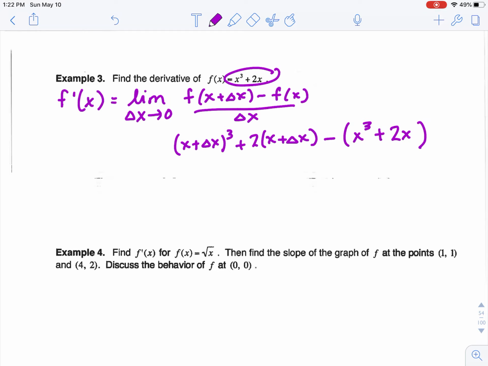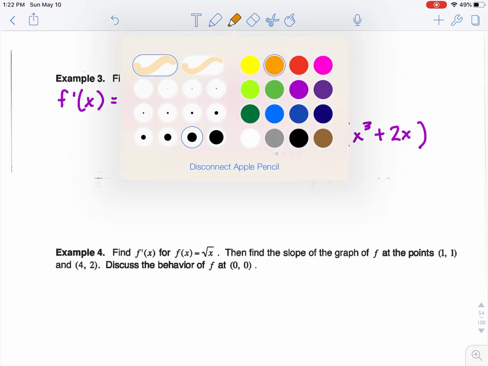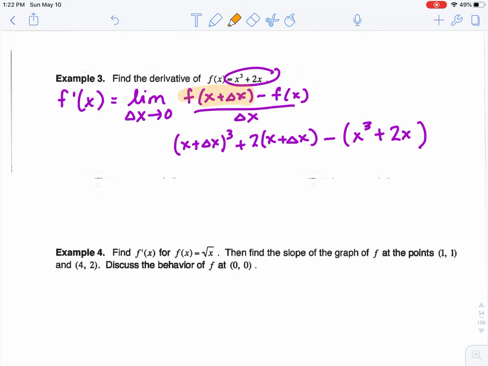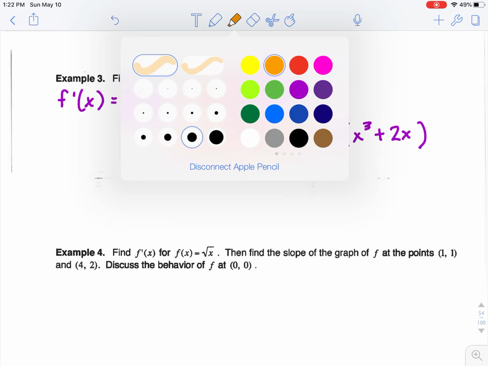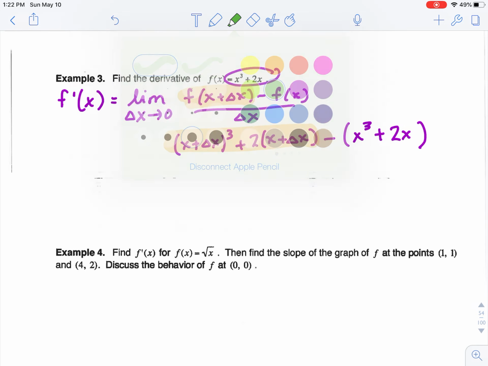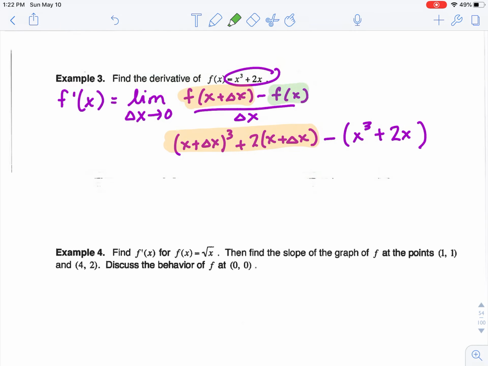So this first part here, f of x plus delta x, that's all this, right? And then this minus f of x is the green part there.